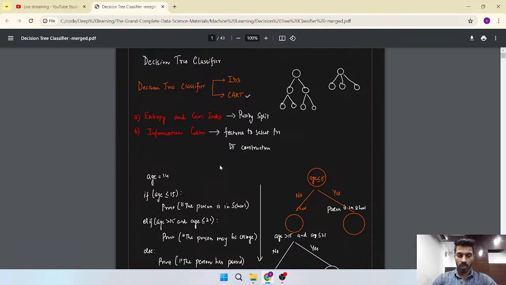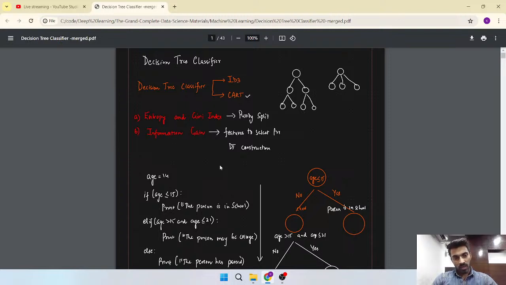So to find which feature we have to start splitting the decision tree with, there are two or three types of algorithm. The first one is entropy and the second one is information gain, we can say.